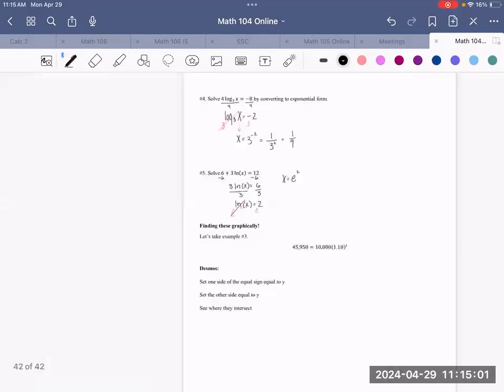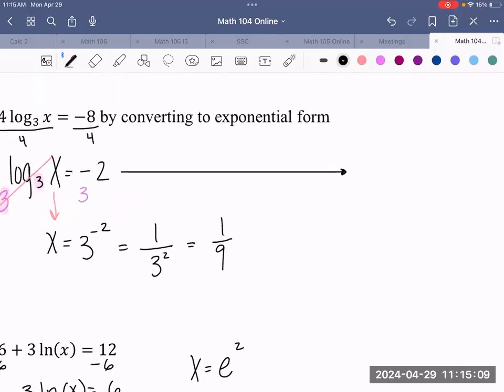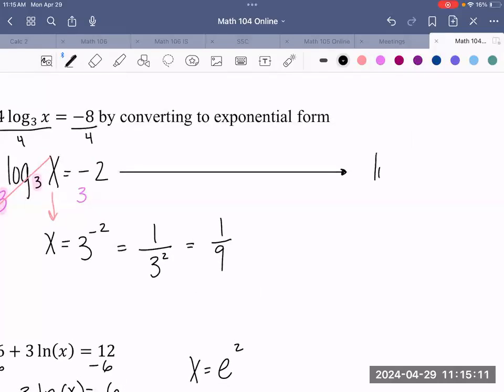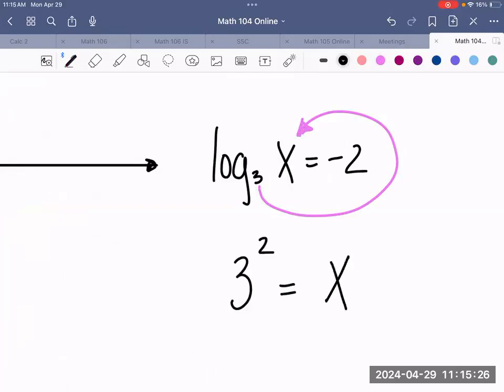I'm going to do a few more over here. If we were to do it on this side, we have log 3 of x is equal to -2. We're going to start at your base and swoop around. Now we just write your base, 3 to the -2 is equal to x.